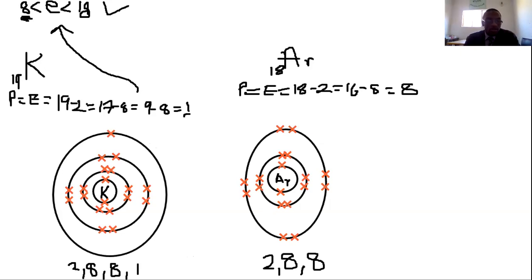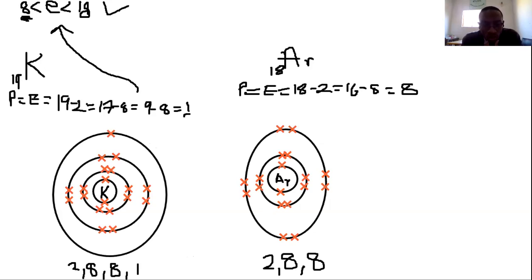So coming back to the PowerPoint, we have the electronic configurations for the first 20 elements. So that is the table that we have right there. We have the electronic configuration for the first 20 from hydrogen to calcium.